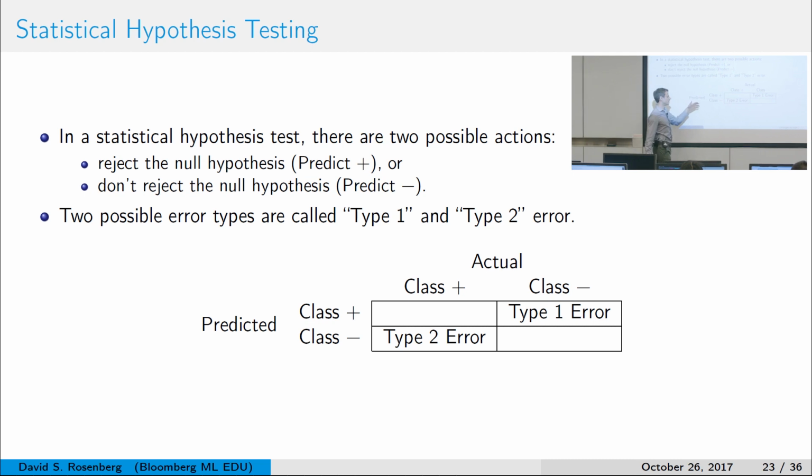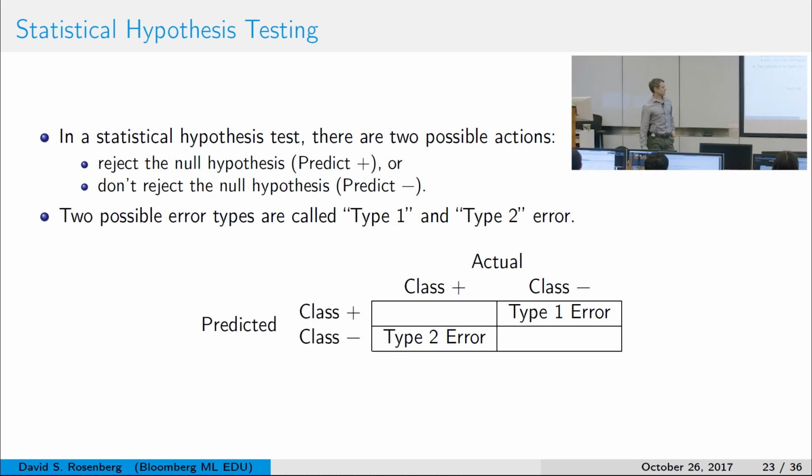So in our table, if the null hypothesis is correct, but you predict positive, so that's like rejecting it, it's called a type 1 error. And if you do have an anomaly, so you do want to reject the null hypothesis, but you don't, that's called a type 2 error. So that's how our statistics terminology fits in here.